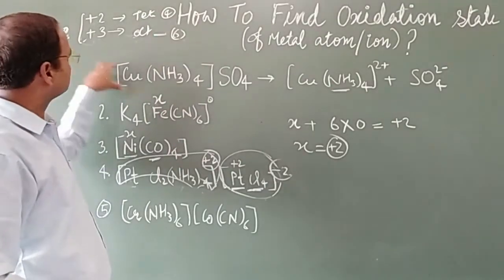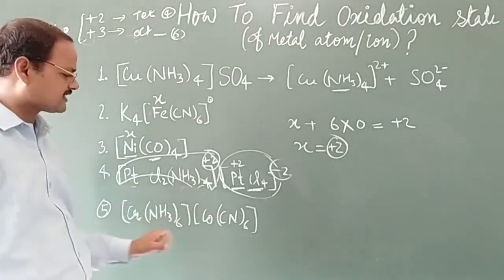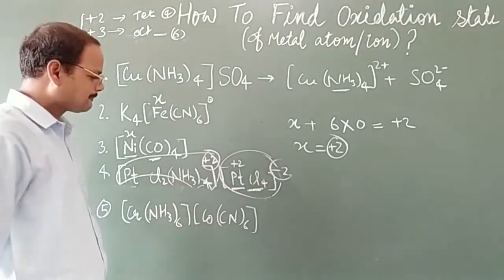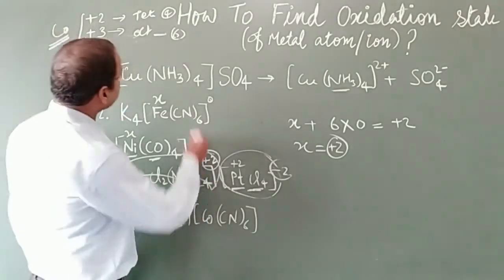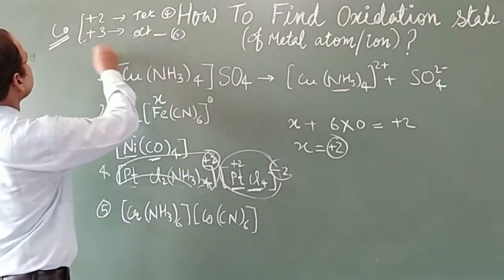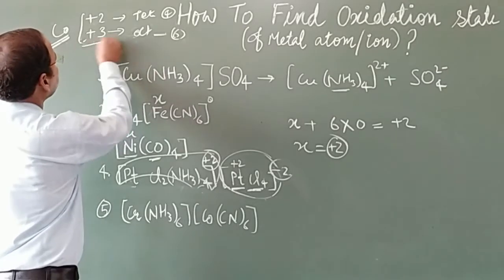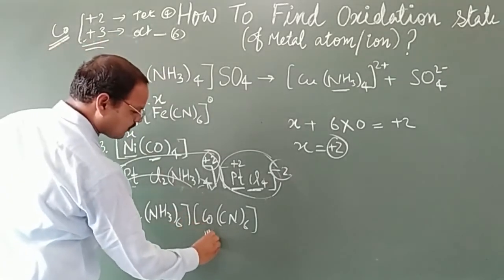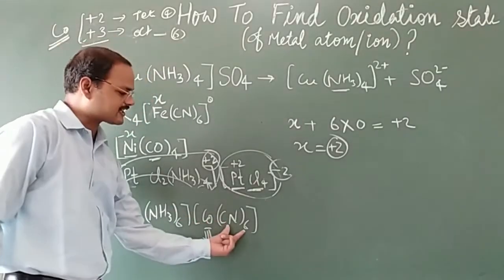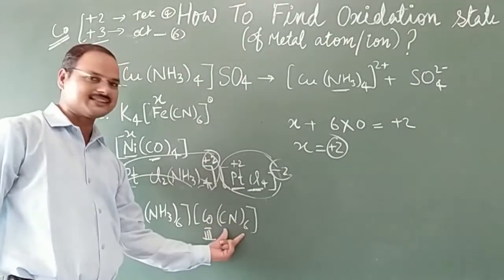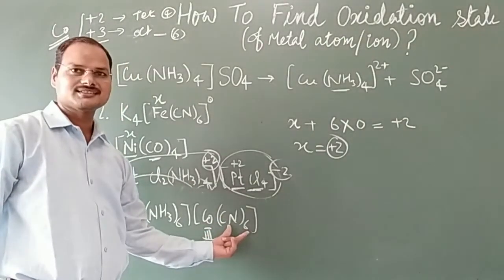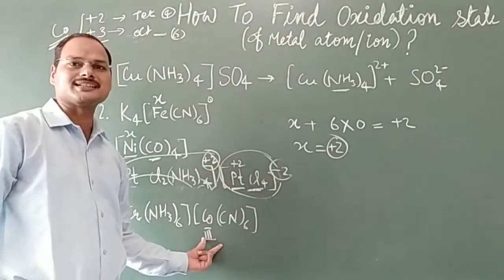On the basis of this concept, we can find out the oxidation state of both ions here. It means cobalt should be plus 3 in this compound. Why? Because the coordination number for this cobalt in this sphere is 6. It means it should be plus 3.